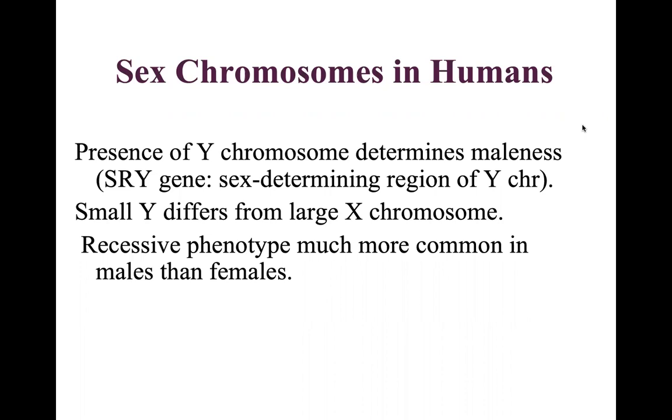We all start out with the default pathway. That is, we all start out with the pathway of being female. So what is it that changes in approximately half of the individuals? That has to do with the signal that comes from the SRY gene, which we see here as the sex determining region of the Y chromosome. And we're going to see how this works, okay?